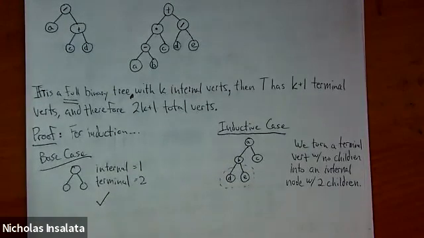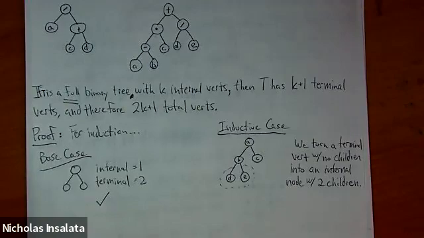How does that affect our count of the internal and terminal vertices? Adds 1 to each. Okay, why would that be? How does that work? So you're right, David, but it's a little bit subtle.